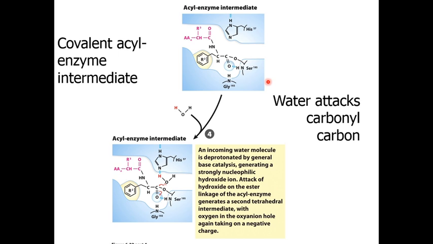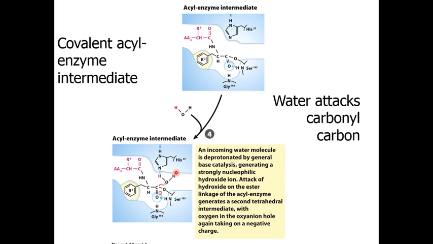Once this acyl enzyme intermediate forms, a water in the active site gets deprotonated by a histidine residue, the same histidine 57. As a result, a hydroxide ion is formed.